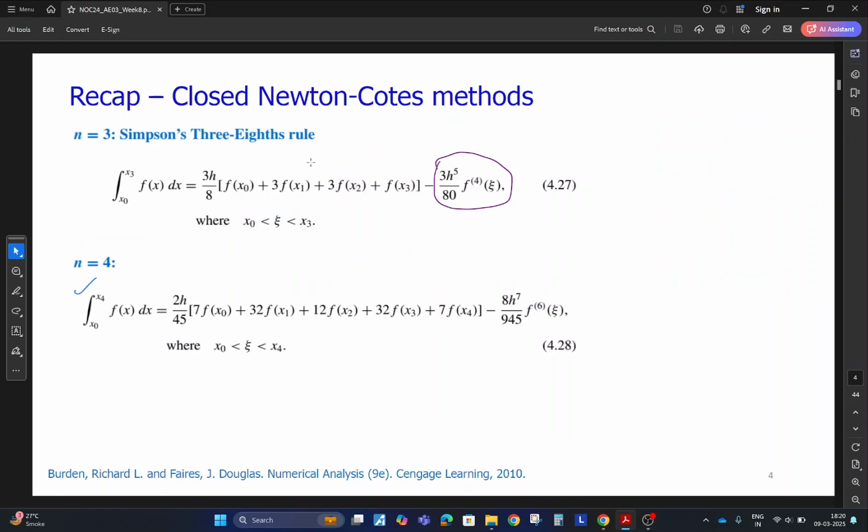In Simpson's 3/8 rule, we are now working with 4 integration points, those being the two endpoints of the interval x0 and x3, and additionally 2 points in between, x1 and x2. Also, typically, the domain will be divided equally between these various integration points. That is, the integration points will be placed symmetrically with respect to the interval ends.